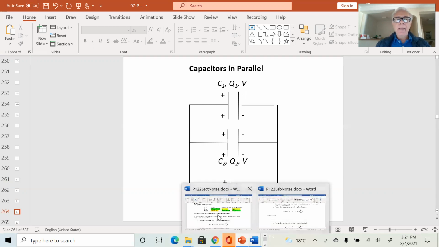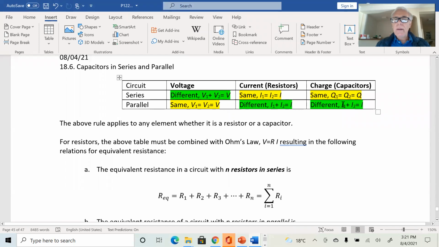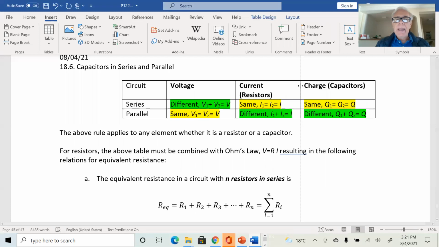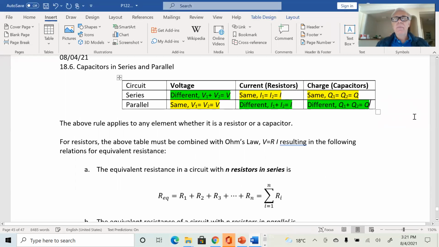The charges are going to sum up to a value that's going to be Q, the charge in the equivalent capacitor. Q1 plus Q2 is equal to Q.